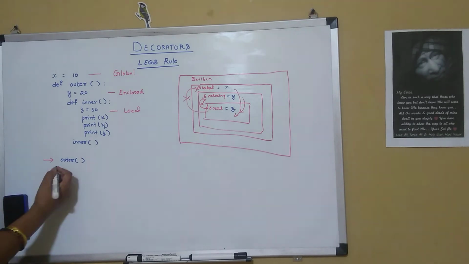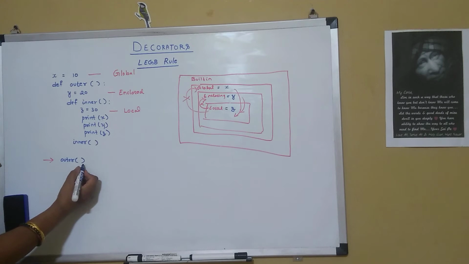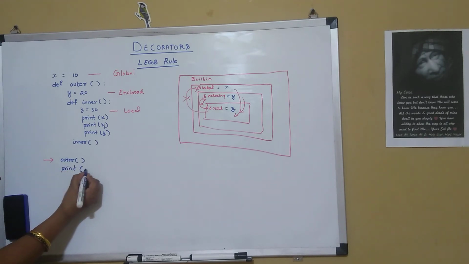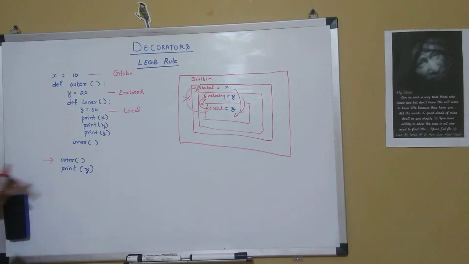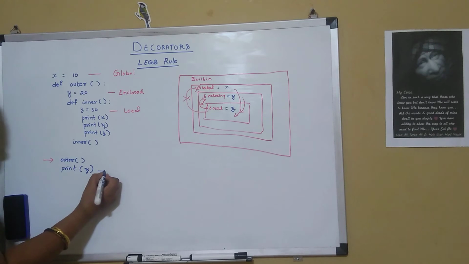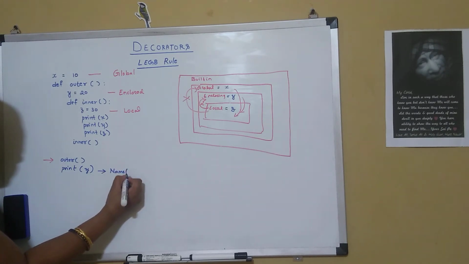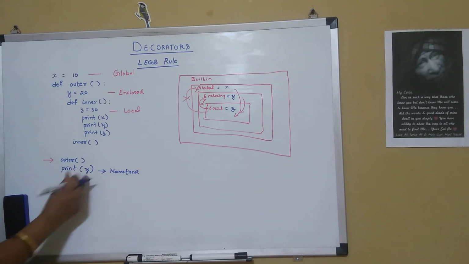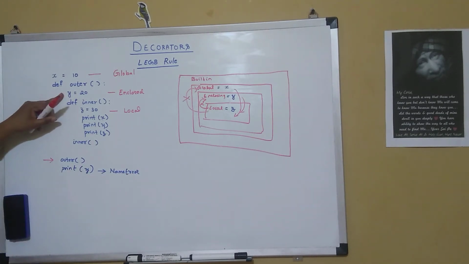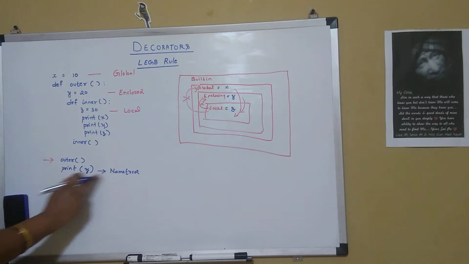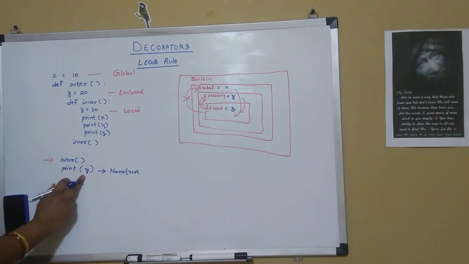Now outside the outer function, let me try accessing the enclosed variable Y. In this case, we get a name error telling that y is not defined because its scope is only within the enclosed function. It cannot be accessed outside the enclosed function. So we get a name error.